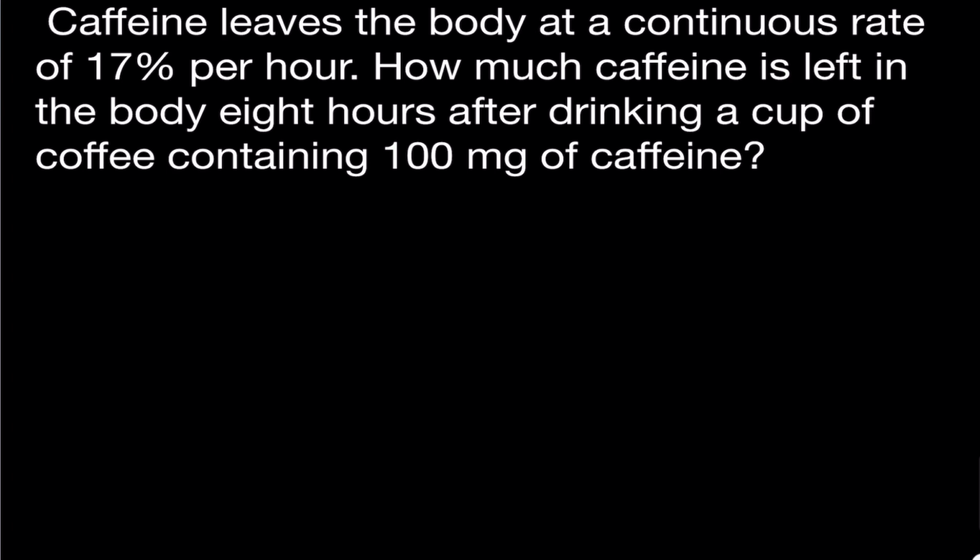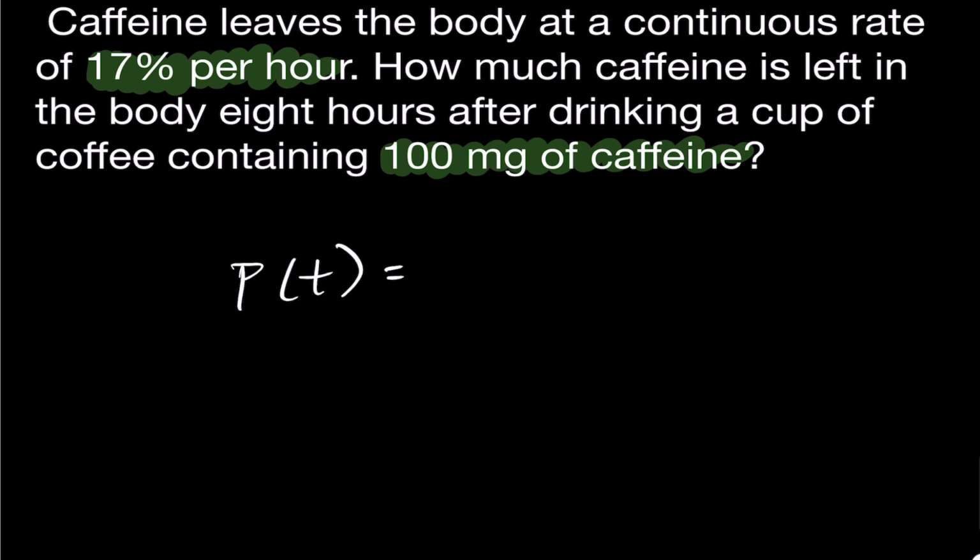In the next example here, we have caffeine is leaving the body at a continuous rate of 17% per hour. And what they want you to do here is find how much caffeine is left in the body 8 hours after drinking a cup of coffee containing 100 milligrams of caffeine. So now this represents continuous decay. And in this example here, we would have p at t is going to equal my initial value, what I'm starting off with, so that'll be 100, times e.